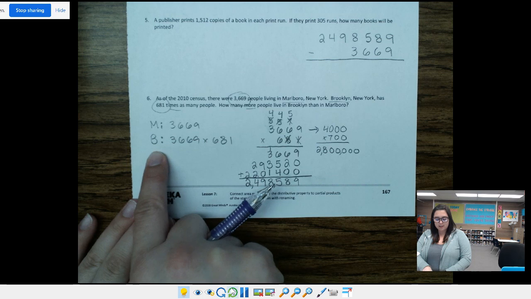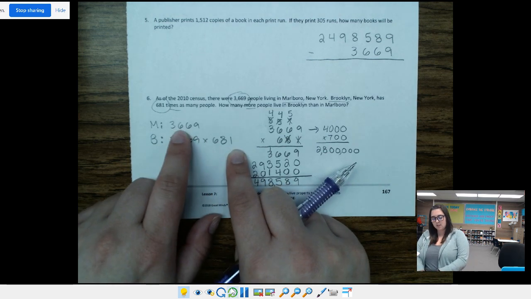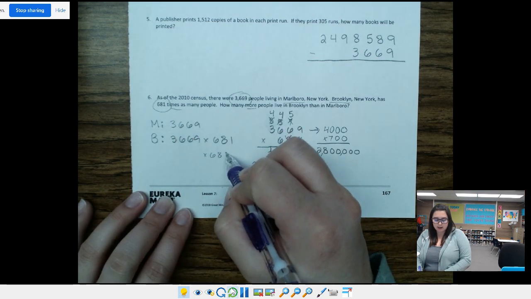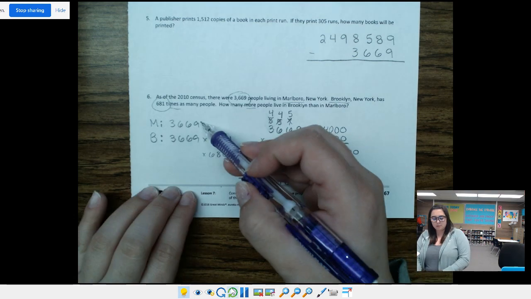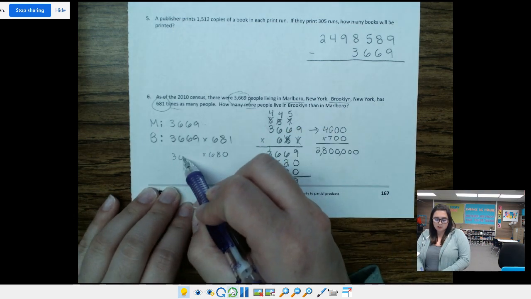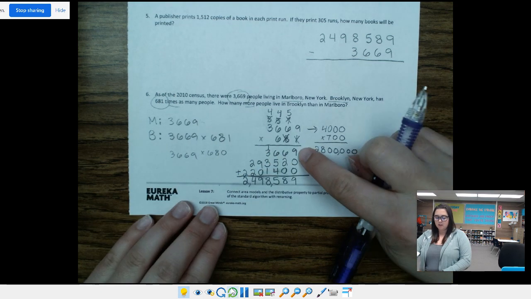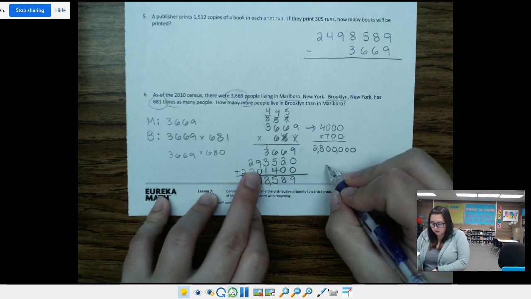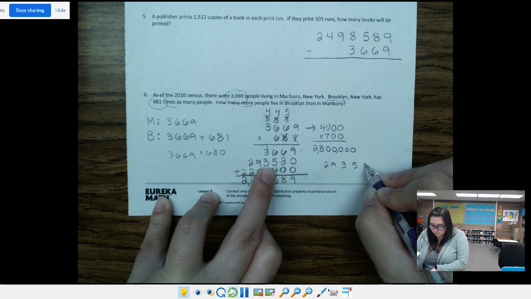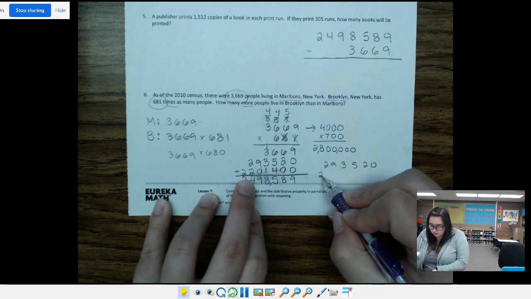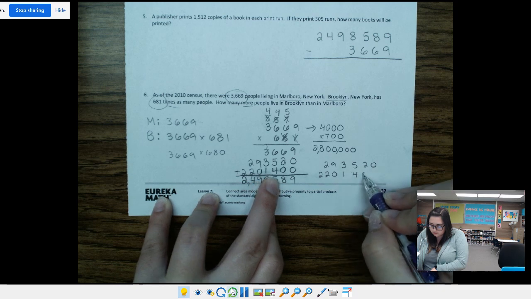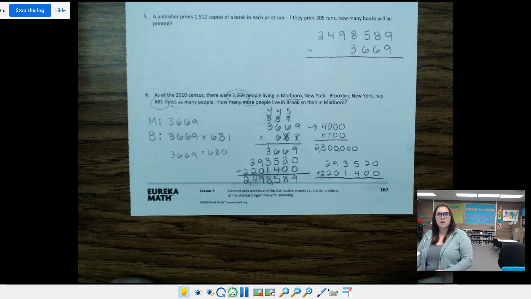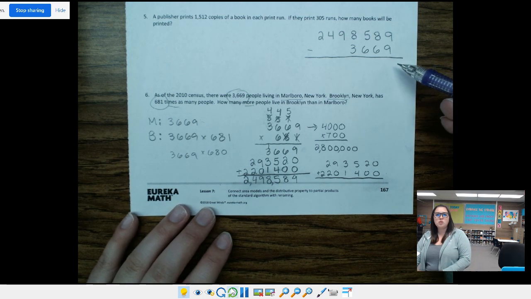Because Brooklyn was 681 times what Marlboro was, if I just found 680 times, that'd be like taking the amount of people who live in Marlboro out of Brooklyn. And when I do 680, that just means this row wouldn't be here. So another way you could solve is just by adding these numbers here: 2,201,400. So either way is going to get you the same answer. Also, I'll do this way, because I have a feeling this is how most people solved.